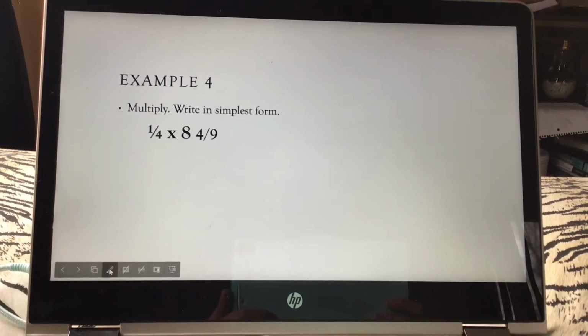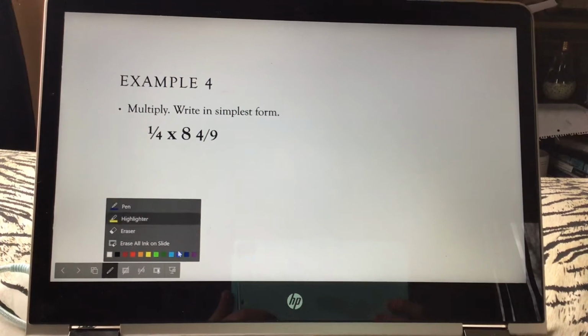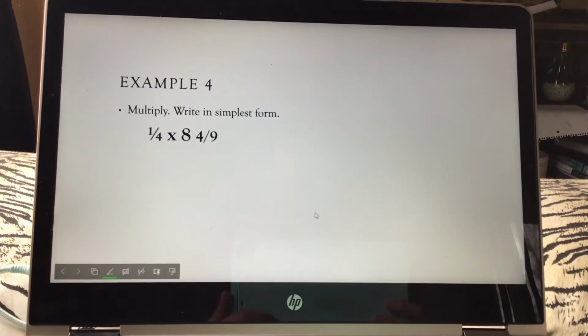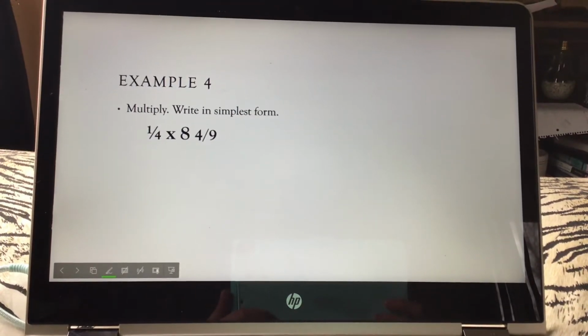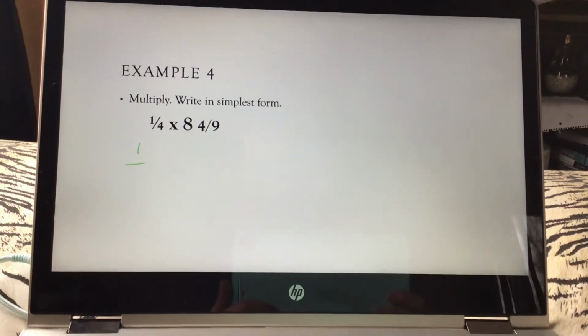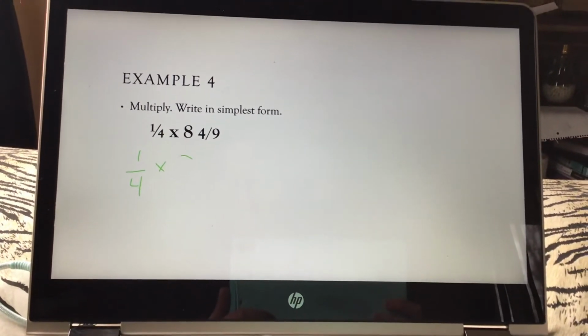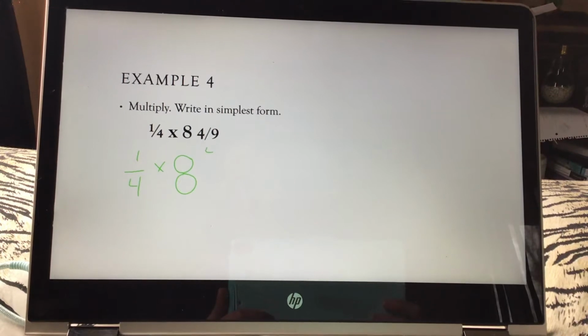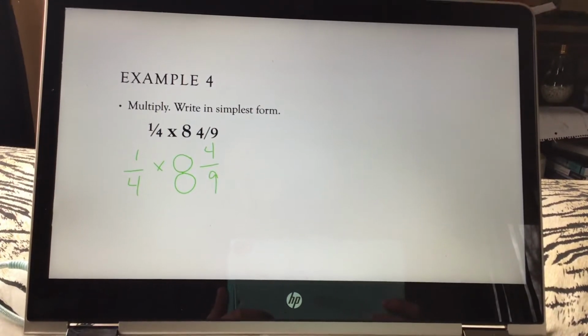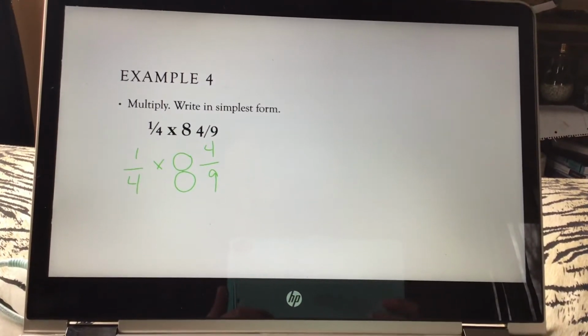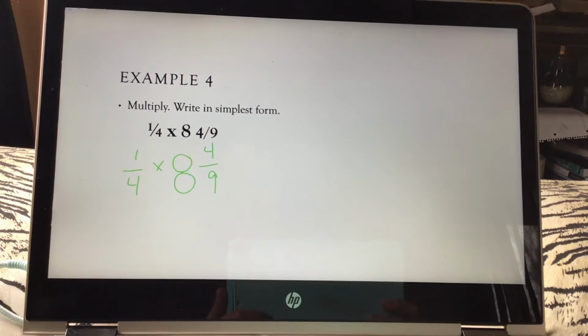Okay, let's move on to the next one. You can pause the video, feel free. Let's do green. Okay, let's rewrite. We have 1/4 times 8 and 4/9. First things first, change it into an improper fraction.